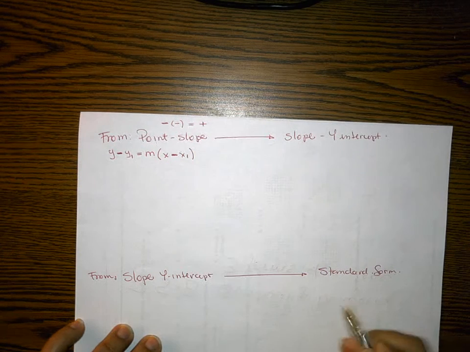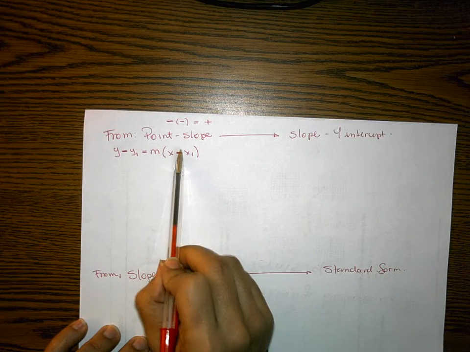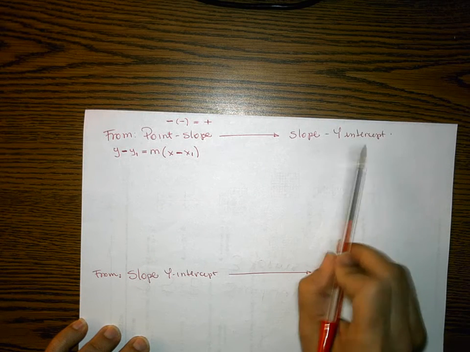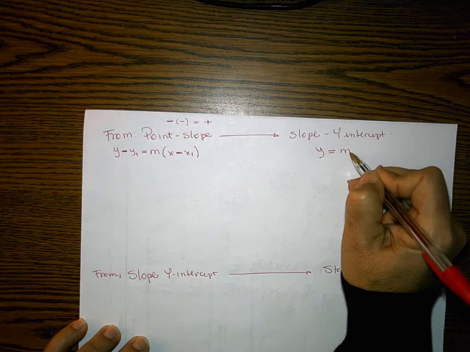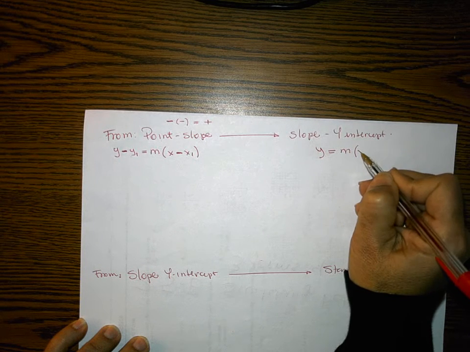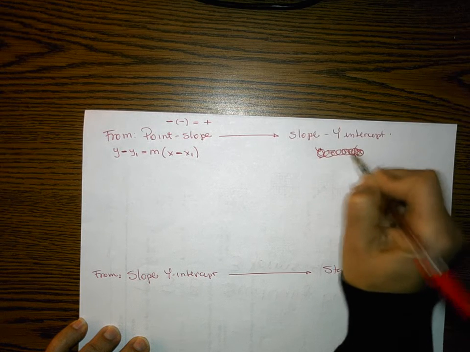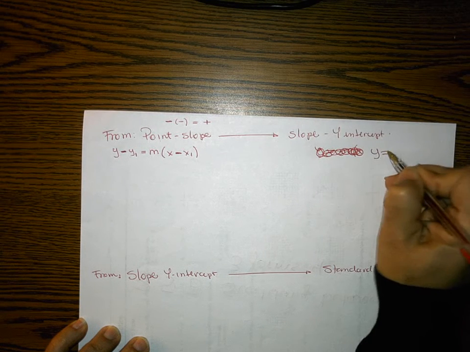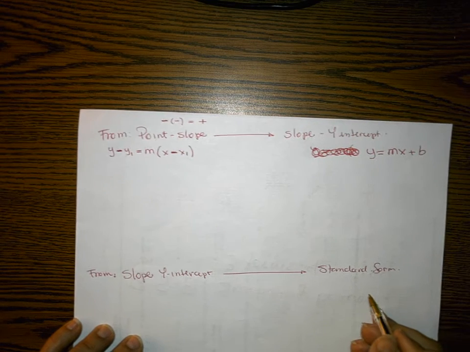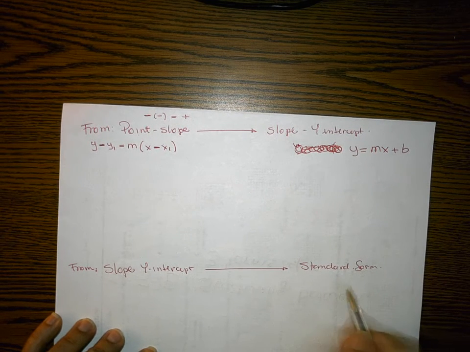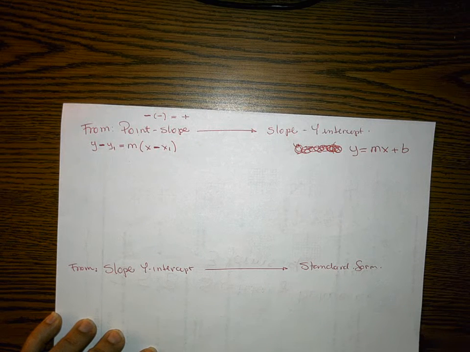All right, so if I want to go from point slope form to slope y-intercept form, which is y equals m, which is the slope, times, I'm so sorry. I was going to do something different here. Let's do it again. y equals mx plus b. Okay, that's the slope and the y-intercept. If I want to go from here to here, there's just 2 steps, and it's always the same 2 steps.